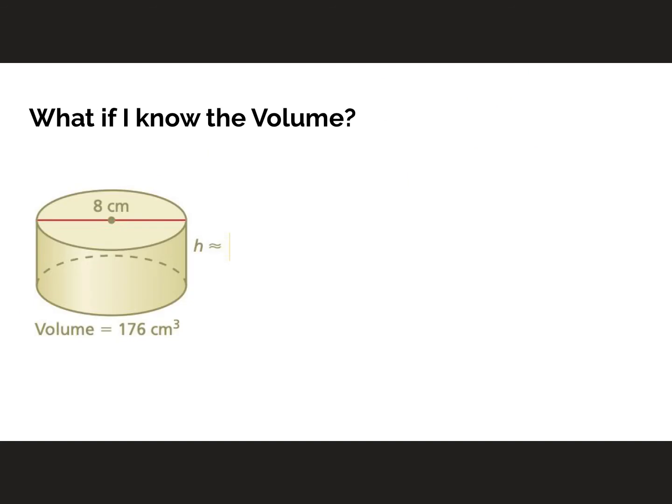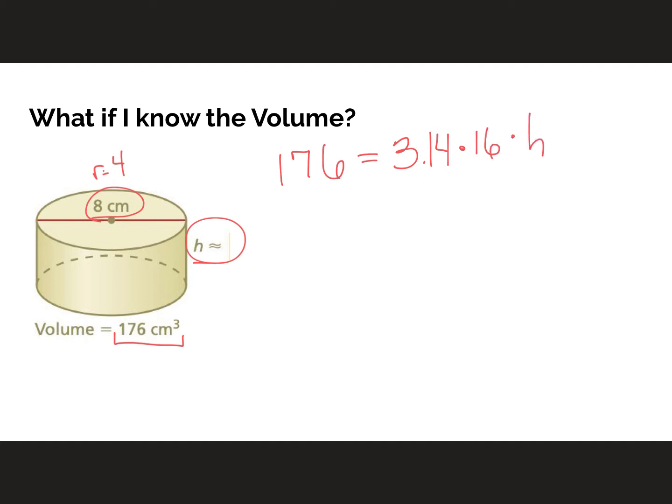Let's do just another couple to go over this. What if, instead of having to find my volume, I have to find the height? So then I know that my volume, 176, equals 3.14 times, here my radius would be 4, which means my radius squared is 16, times my height. Well, I'm going to do 3.14 times my radius squared of 16.